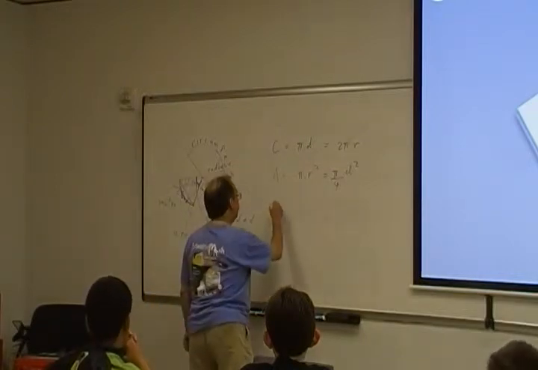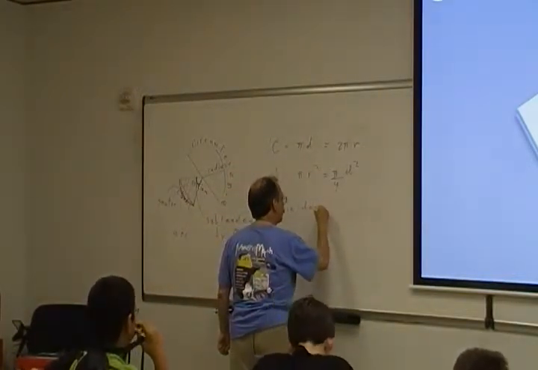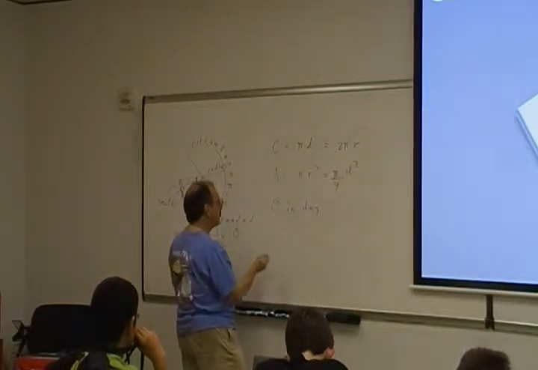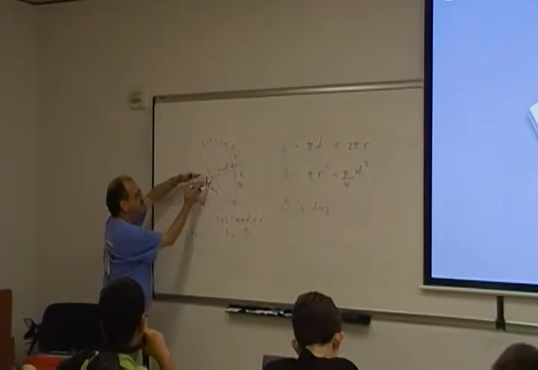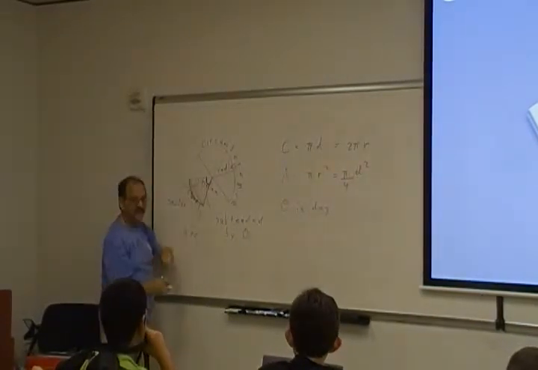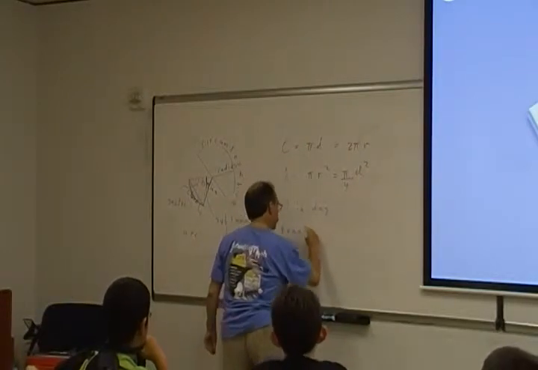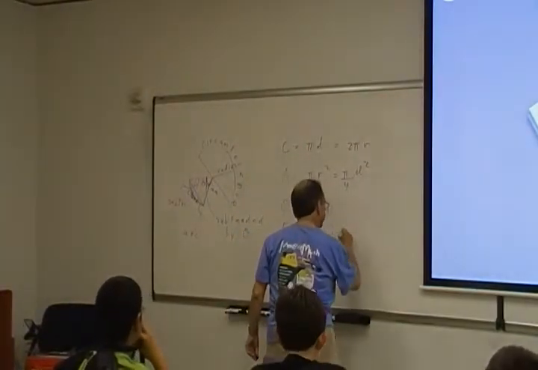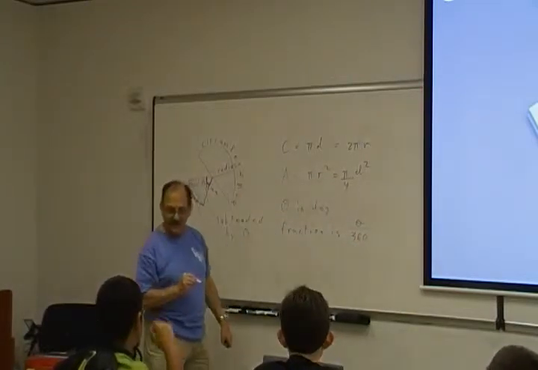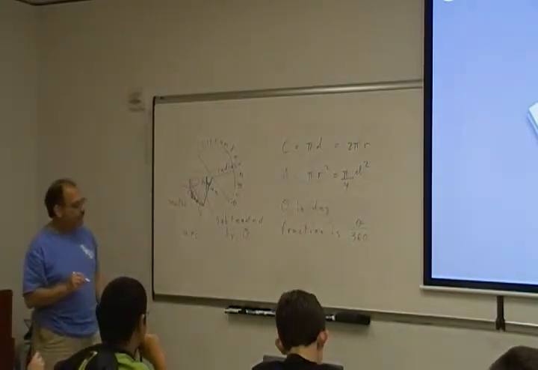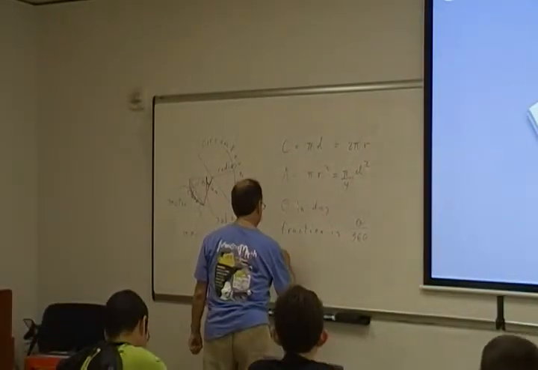If theta is given in degrees, what fraction of the whole circle is in this sector? The fraction is theta over 360. Yes, Parth.